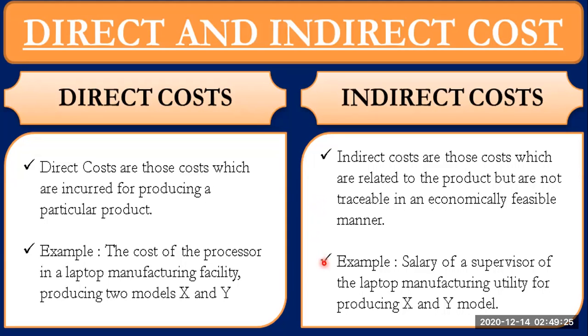Salary of supervisor of the laptop manufacturing facility for producing X and Y model. So the product is a laptop. All right, the product is a laptop in this example. The direct cost is going to be the processor. The indirect cost is going to be the supervisor.